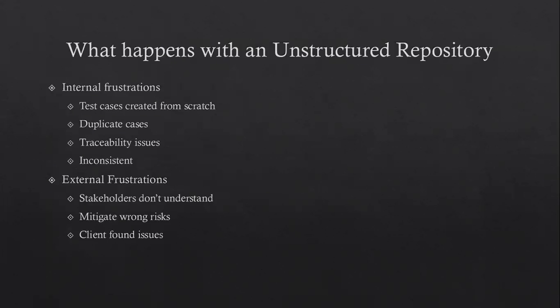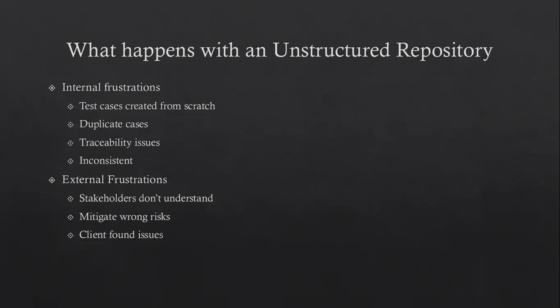So as we look through, in most organizations, a test repository for the most part could be unstructured. And that unstructured repository has a lot of implications internally within the organization and externally.